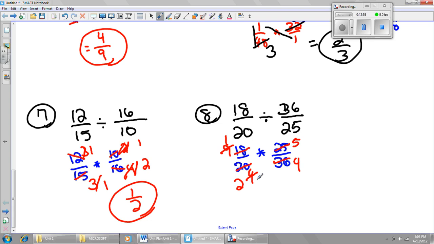Now, I cannot simplify these two because they're both in the denominator. That's a multiplication problem. You should know a division fraction bar means divide, and that's why I'm able to do all this. But this is multiplication because I'm not crossing a division fraction bar. So everything's been simplified. 1 times 5 is 5, and 2 times 4 is 8. And there you go. 5/8 is the answer.